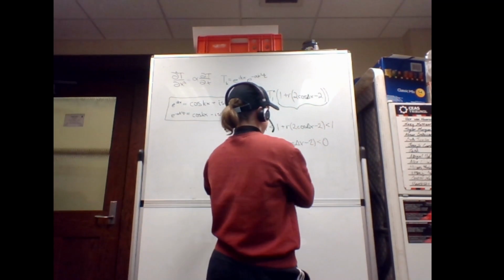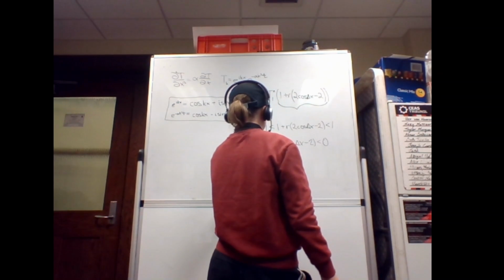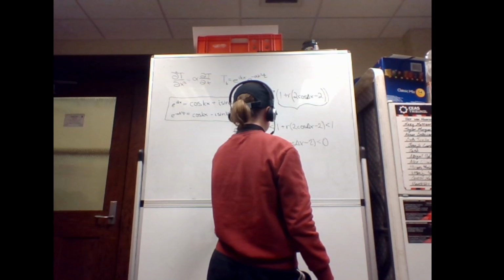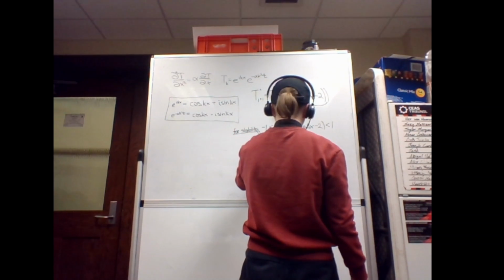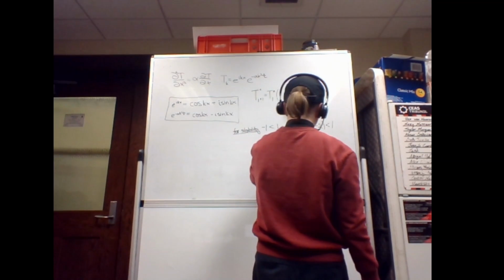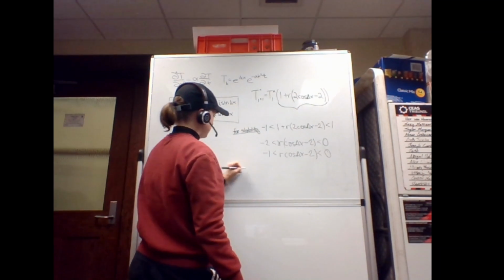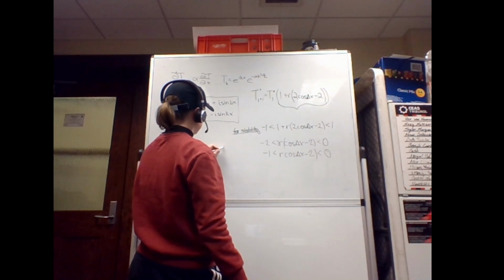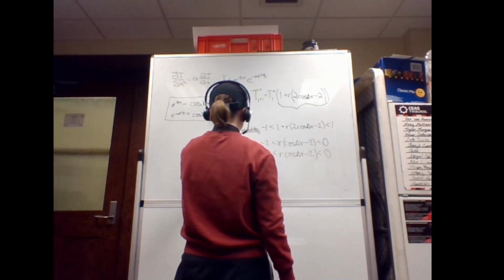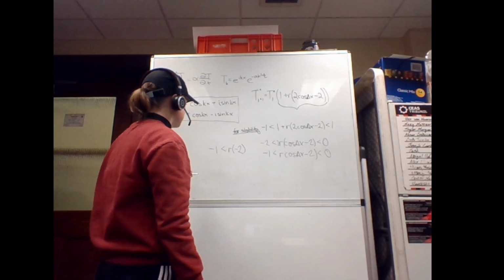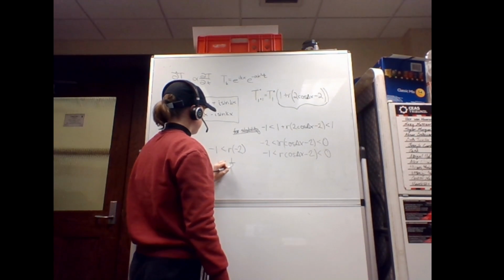Awesome. I'm going to pull this out over here so we have that -1 is less than r pretty much multiplied by -2. Then we solve for this, and we see that r is less than 1/2.